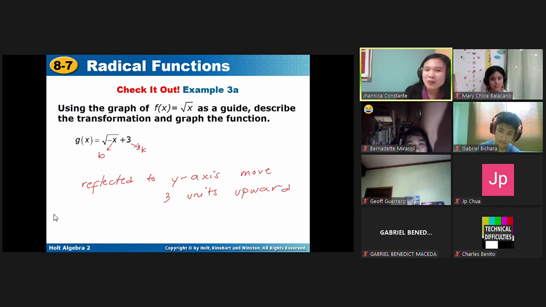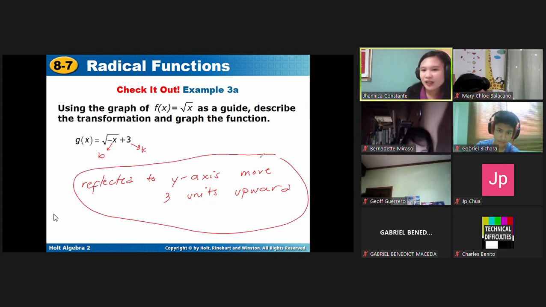Since it's positive, we have positive 3 for our value of k. So that is the description that we can have for our radical function: reflected across the y-axis and it moved 3 units upward.